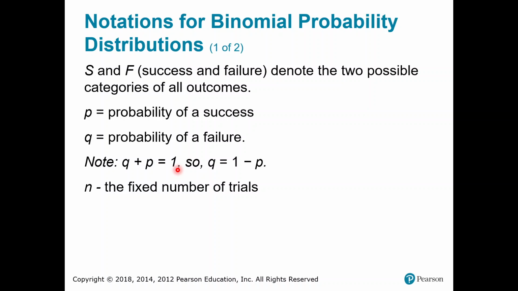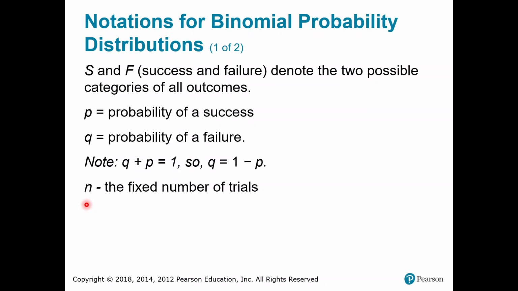Why? Because the sum of all probabilities must equal 1, and in this case we only have two outcomes. And so Q can be computed by taking P away from 1.